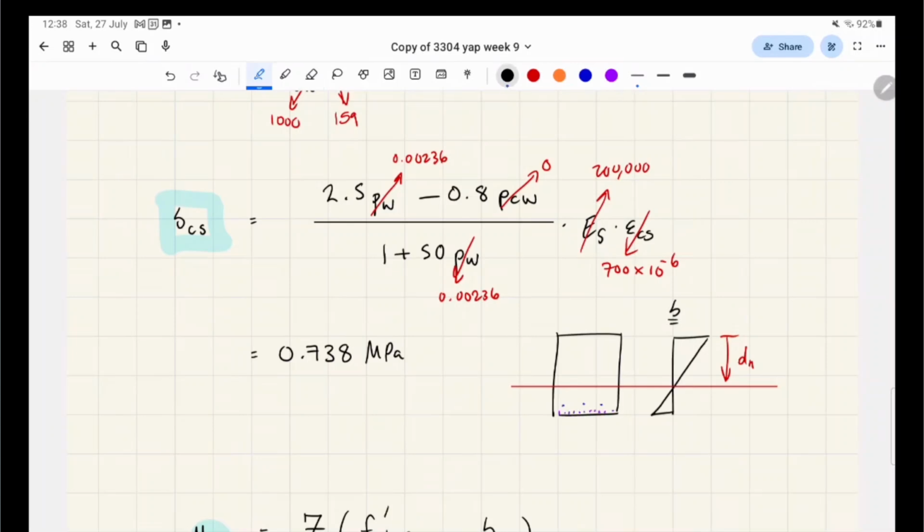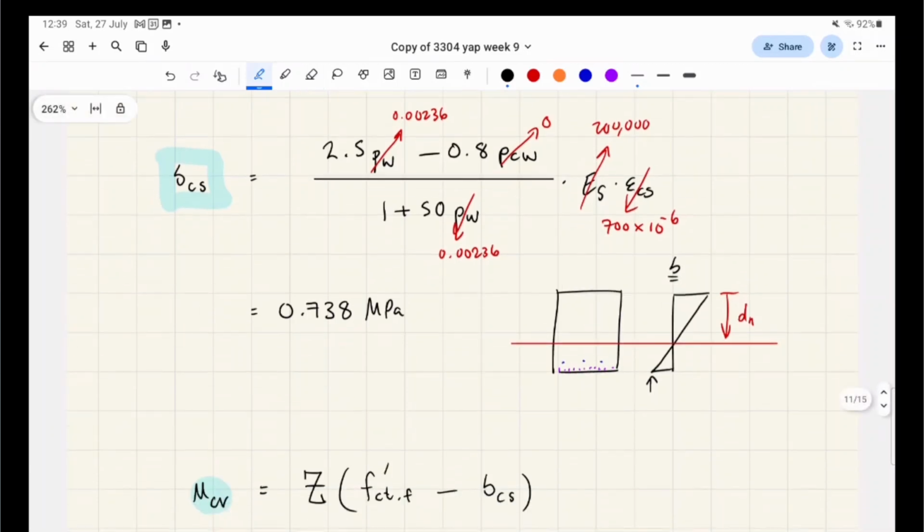So when a concrete beam is in flexure, in the uncracked section, the value which governs where it cracks is called FCT.F. That's the value that's like 0.6 root FC, the flexural tensile strength.